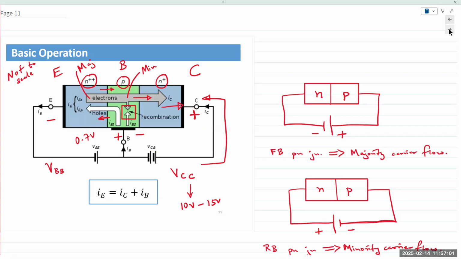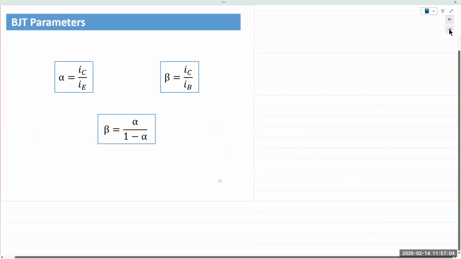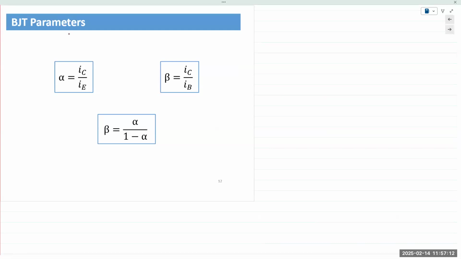So then, here are the important parameters for the BJT, alpha and beta. Alpha is the ratio of the collector current to the emitter current. Remember that IE, the emitter current, is the sum of IC and IB. IB is typically very, very small, in microamps.